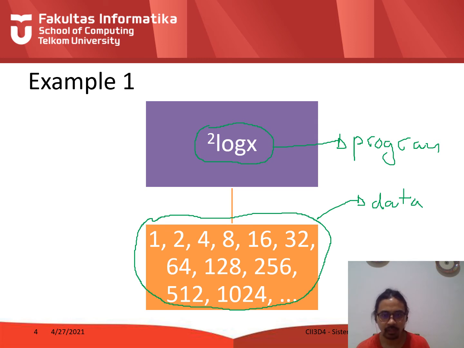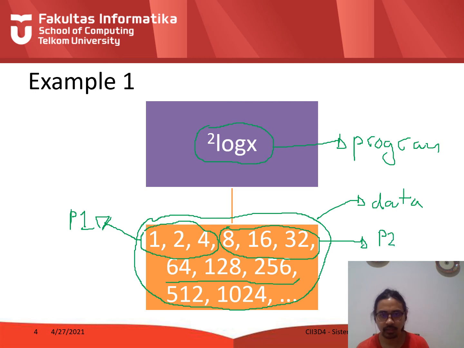Usually we divide the data because we have, for example, 4 processors. This is done by processor 1, this is done by processor 2, the second line here is done by processor 3, and the last one here is done by processor 4.